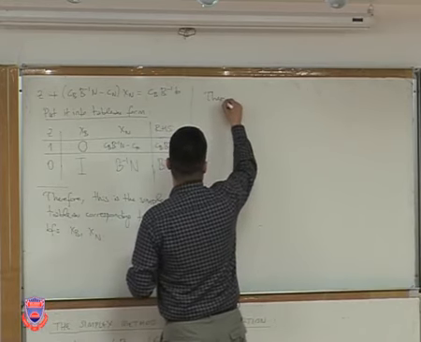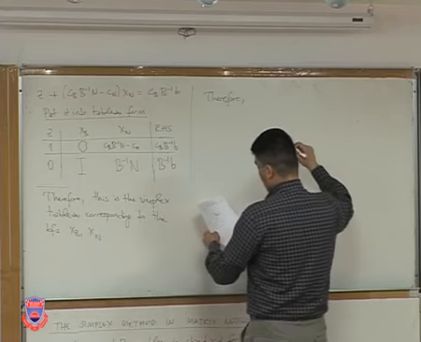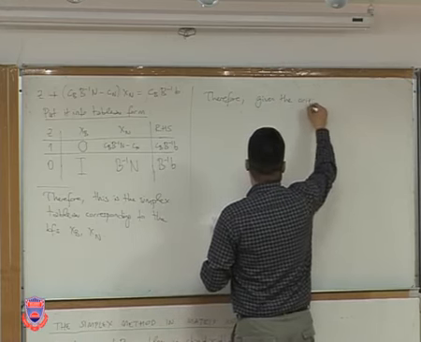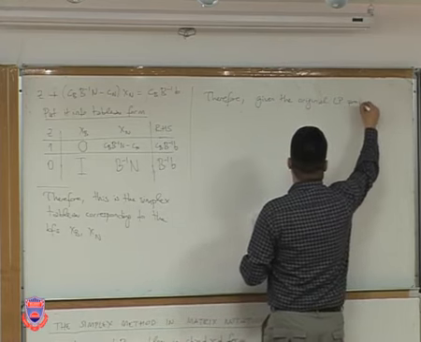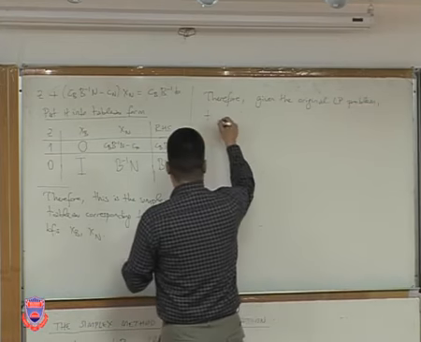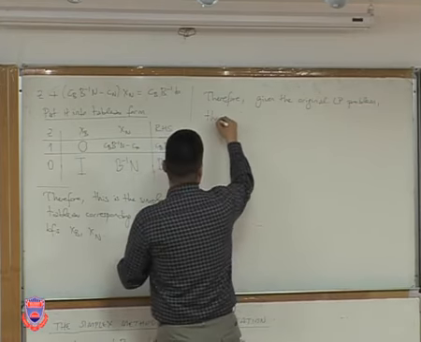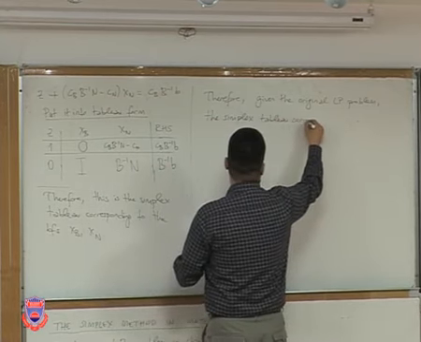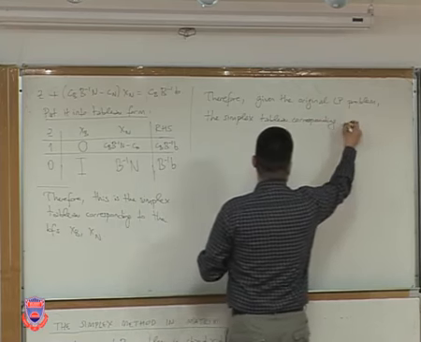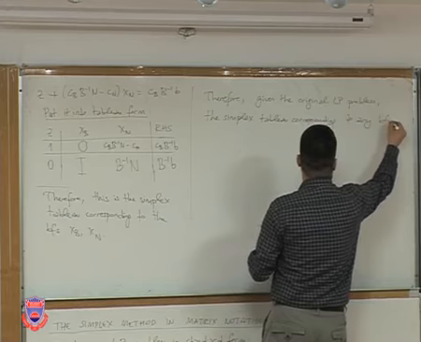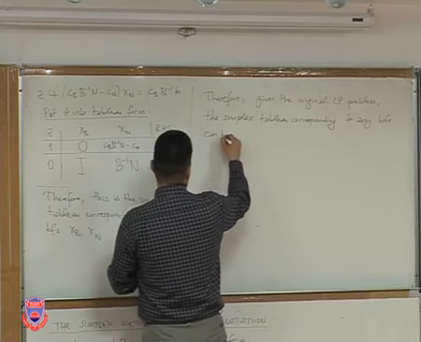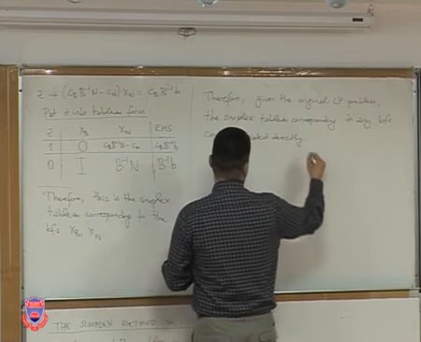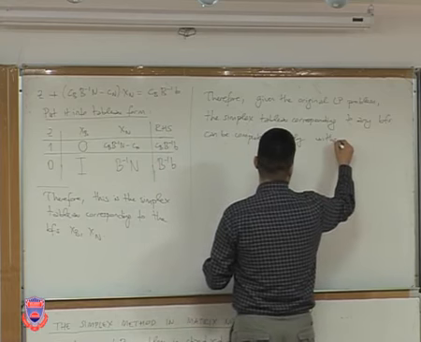So therefore, given the original LP problem, the simplex Tableau corresponding to any basic feasible solution can be computed directly without using the steps of the simplex method.